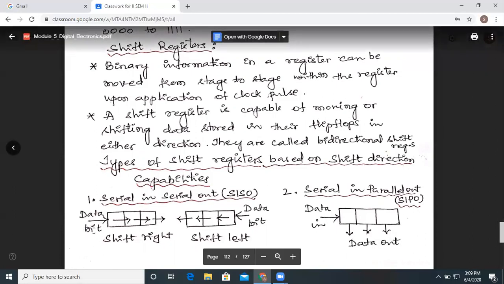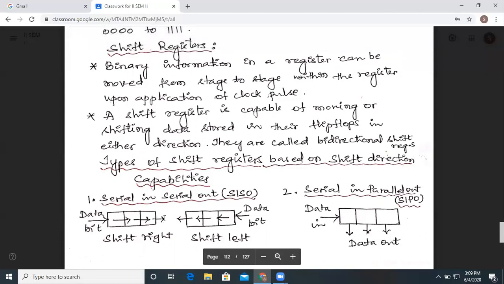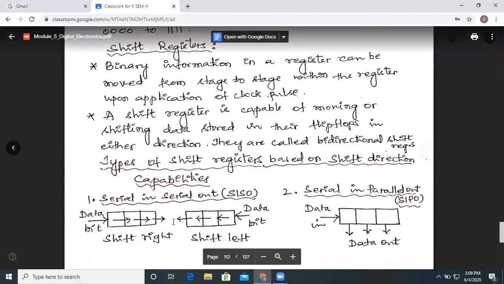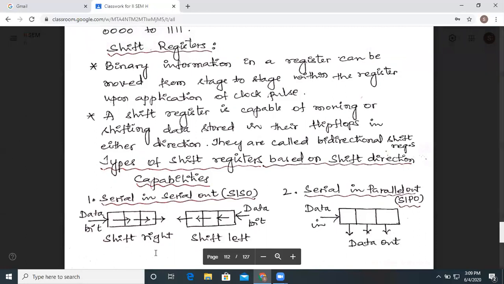Data is being fed in one direction, so it moves on to the next one, and it comes out from the last flip-flop. This is the direction of movement of the data. These shift registers are performing a shift right operation.